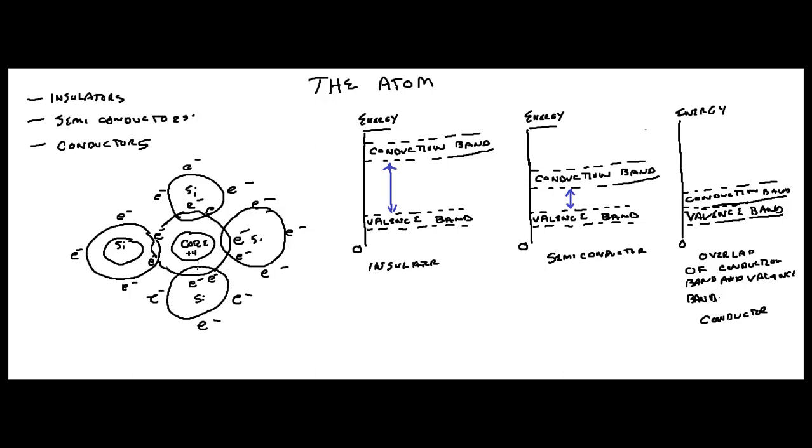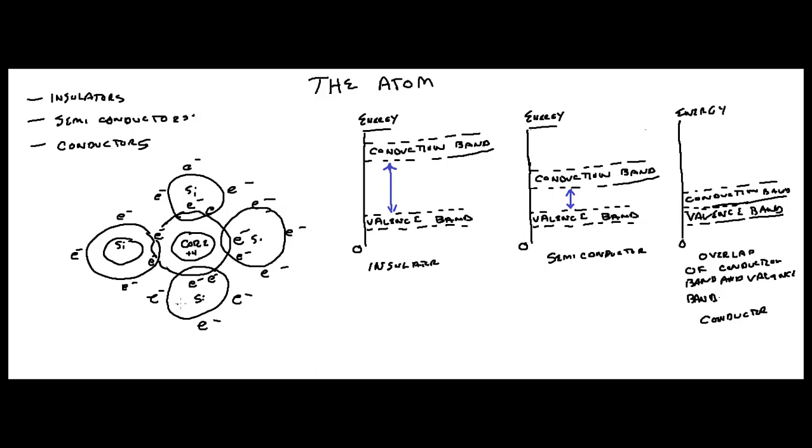So each silicon atom has a core of plus 4, and it has 4 valence electrons, right? And each one of those 4 electrons is shared with its neighbor. So there's 2 electrons shared with each neighbor. And hence the covalent bond, and hence you have your structure, right?